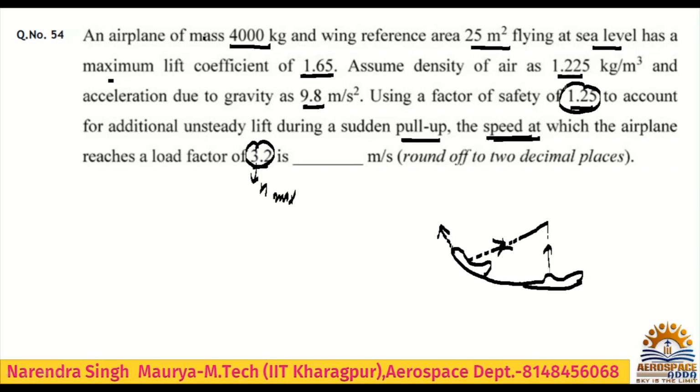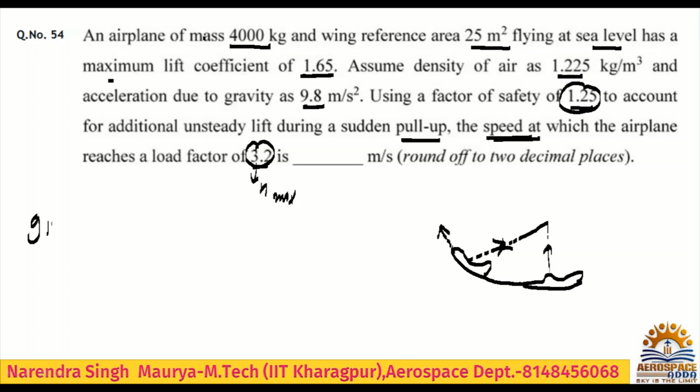All right. So from this factor of safety you can calculate the working load factor, because this is the maximum load factor. They are asking the speed at which the airplane reaches a load factor of 3.2. So in this case, you will calculate the working load factor. Maximum lift coefficient they have given.